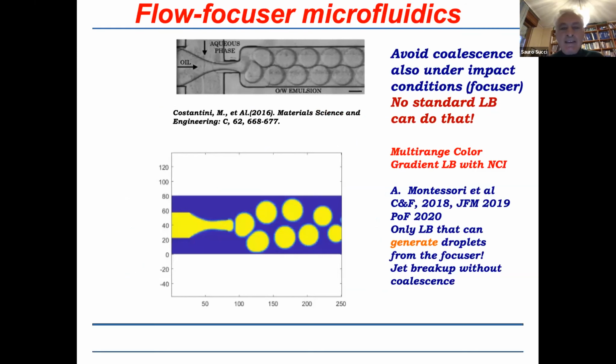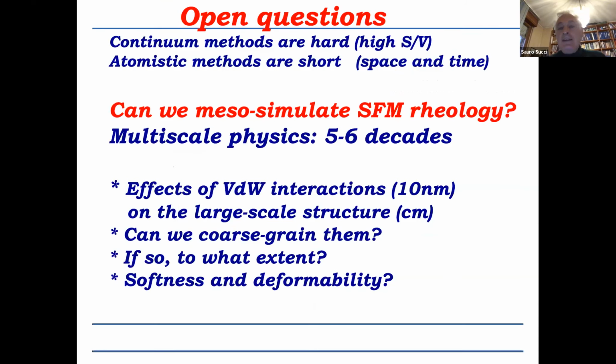They are very high surface-to-volume fluids. And atomistic methods, we don't have enough computational power to resolve this, you cannot go to millimeter scale with molecular dynamics. So it looks like a perfect territory for mesoscale methods like lattice-Boltzmann.